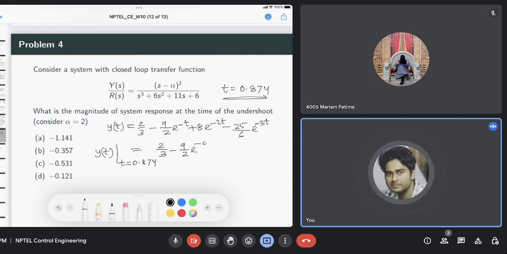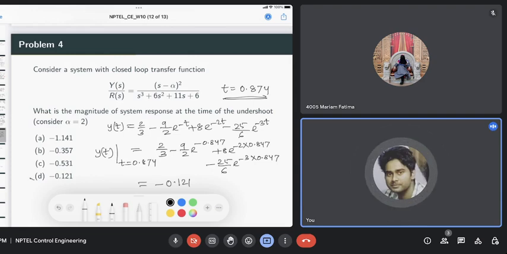We'll just put that value: 2/3 minus 9/2 e^(-t) plus 8 e to the power minus 2 times 0.847 minus 25/6 e to the power minus 3 times 0.847, and we just compute it, and it comes to around minus 0.121. Okay, so this is the value of the undershoot.